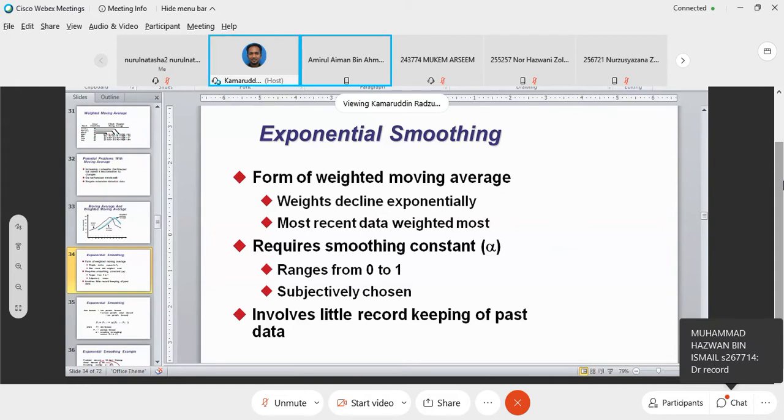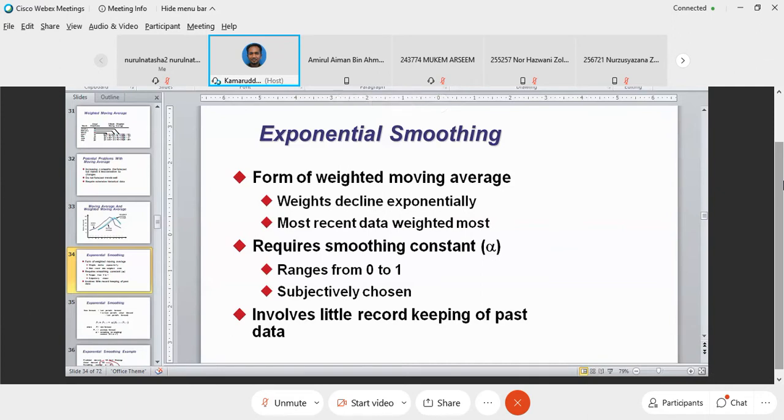Exponential smoothing is a form of weighted moving average, and the weight assigned to the data will decline exponentially, with the most recent data weighted most compared to the older data. In exponential smoothing, we use an alpha value that ranges from 0 to 1, and this alpha value is subjectively chosen by the forecaster.